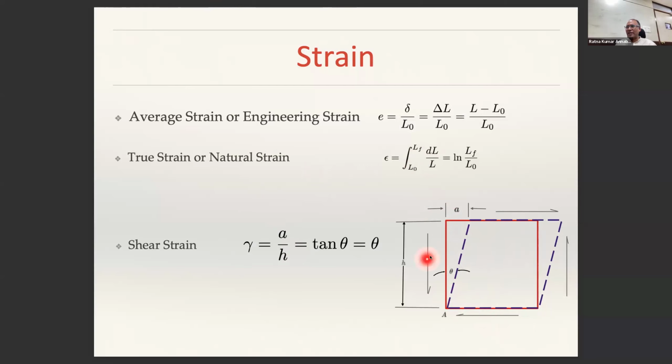Then this vertical line will change its angle by theta. So shear strain gamma is equal to A by H, which is tan theta. For very small values of theta, tan theta will become equal to theta. That is how you will represent shear strain.